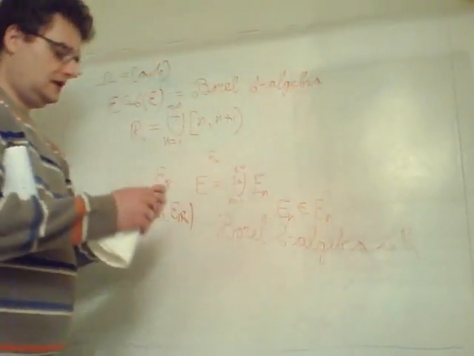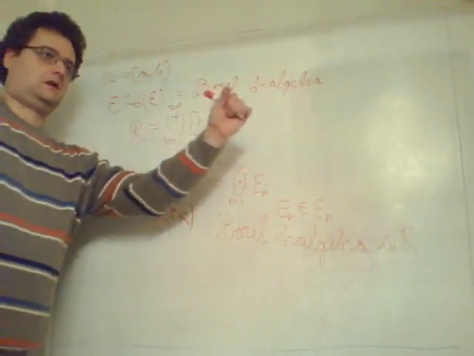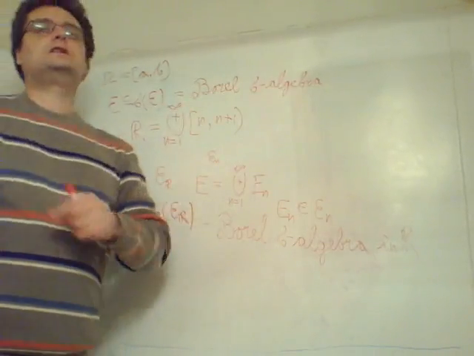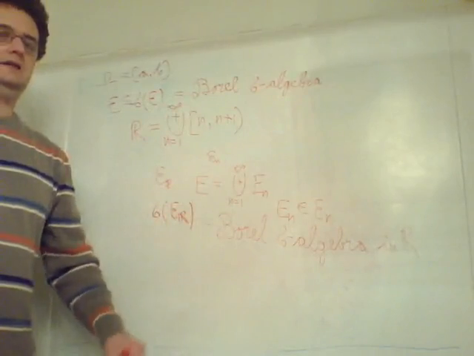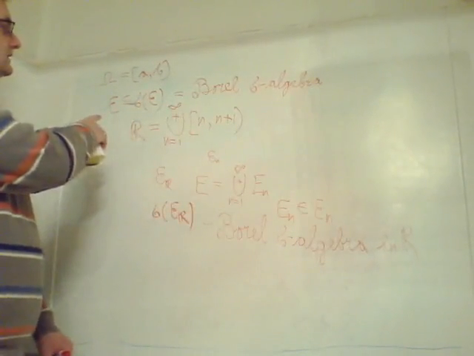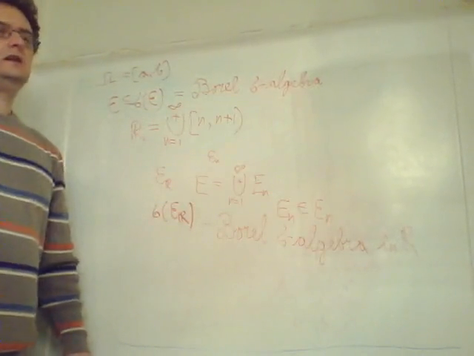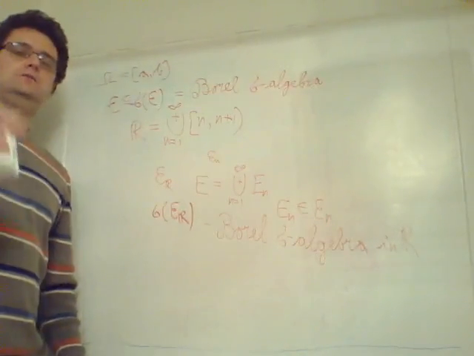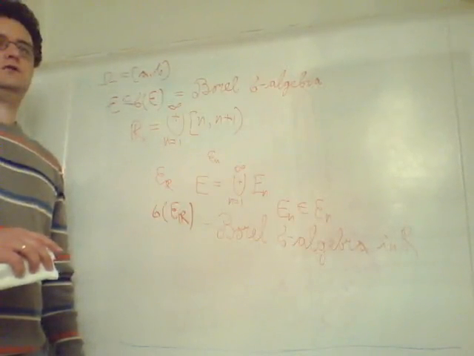Now, there is nothing special about the real line. We would also like to talk about uniform distribution in the plane. So instead of elementary sets being disjoint unions of intervals, we can take elementary sets in the plane being disjoint unions of rectangles.